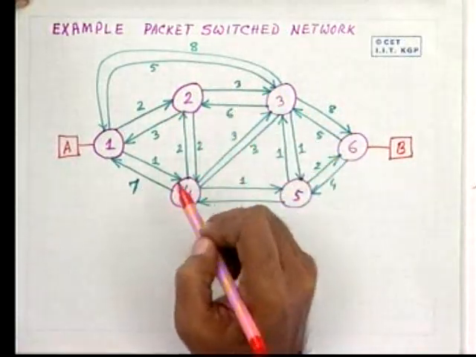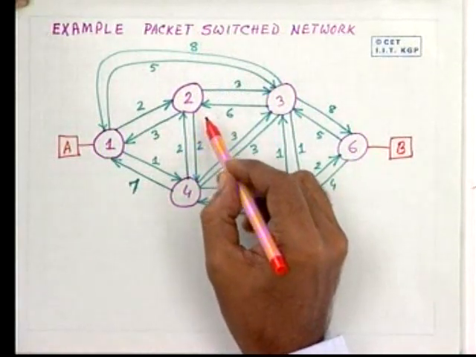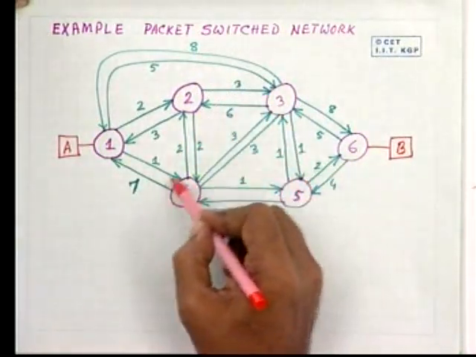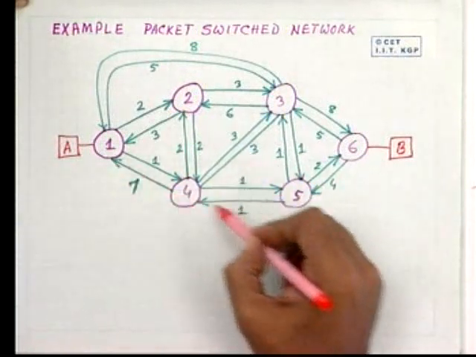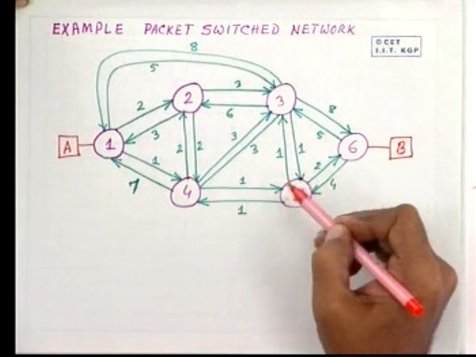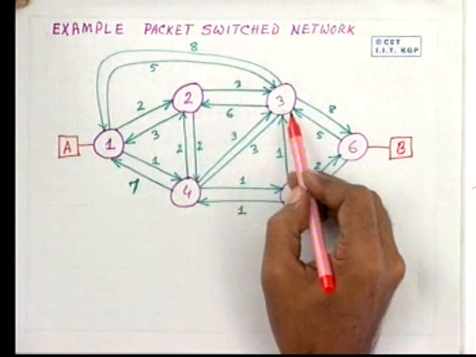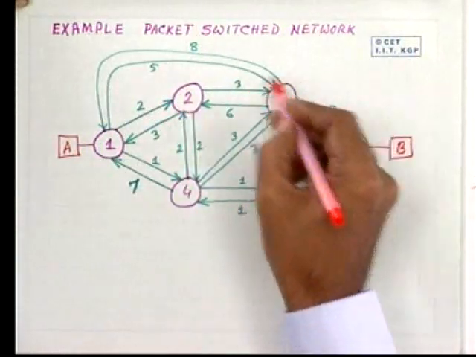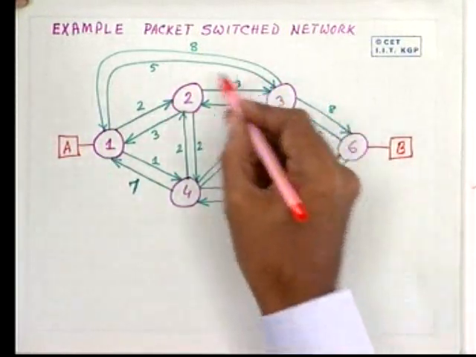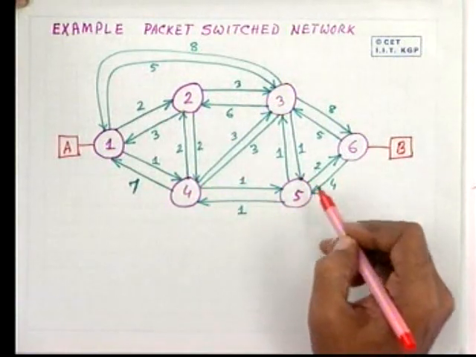If the algorithm reacts very quickly, it will immediately send traffic to the other part of the network where congestion is less. Then the other part will get traffic diverted from the congested region. If it is diverted quickly, it has some advantages and disadvantages.